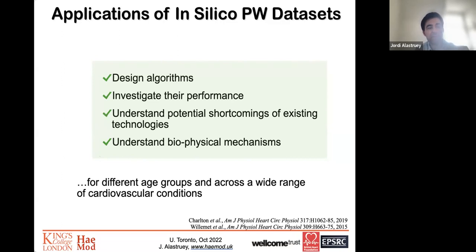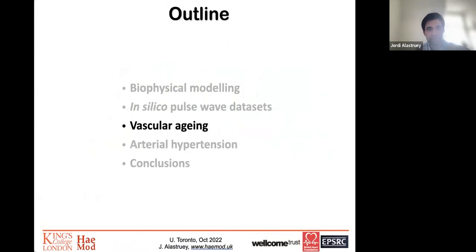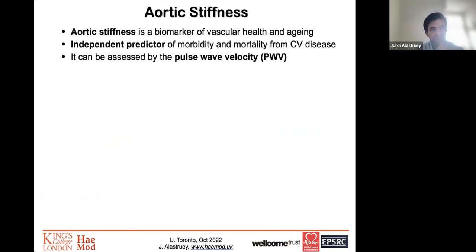And we can do all of these for different age groups and across a wide range of cardiovascular conditions. I would like to illustrate these applications with two clinically relevant studies. So these are the assessment of vascular aging and arterial hypertension from pulse wave signals. So let's start with vascular aging first.